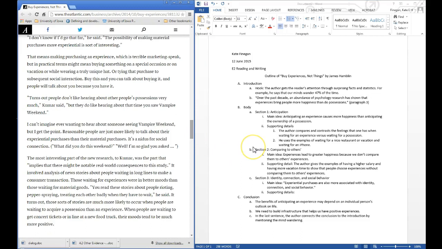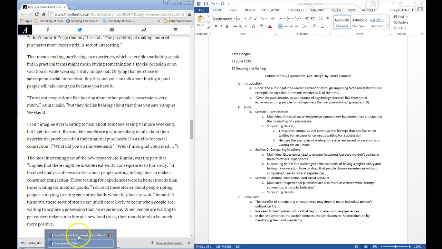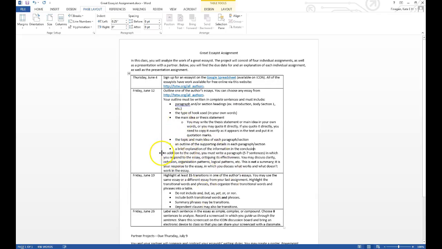All right, you can read the essay before you start, or you can read the essay as you work. And then at the bottom, you can put your response. Okay, so in addition to the outline, you must write a paragraph in which you respond to the essay.